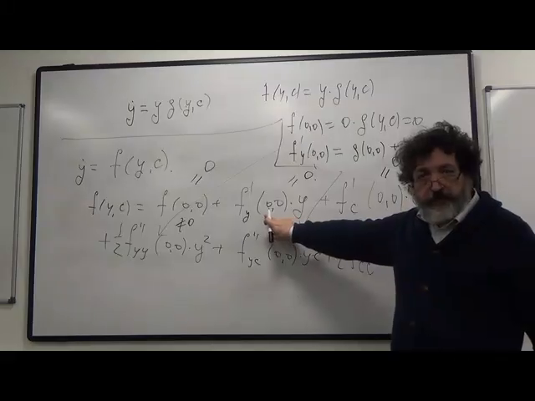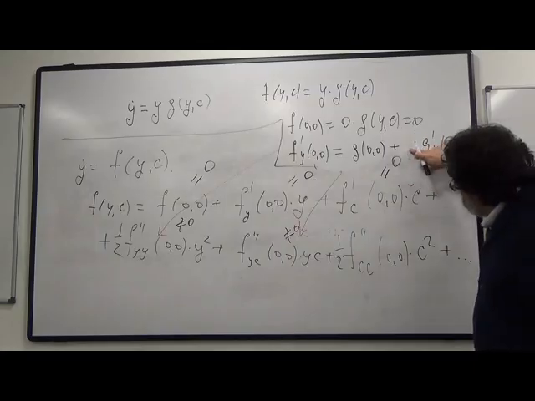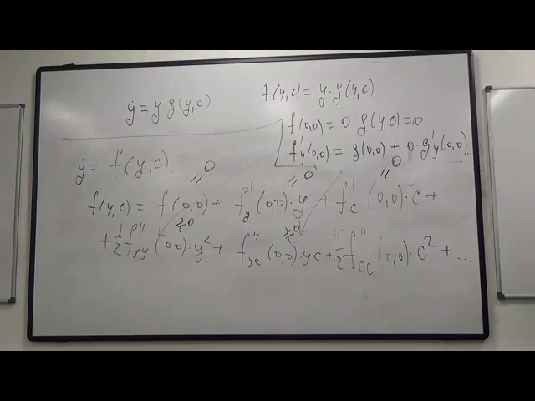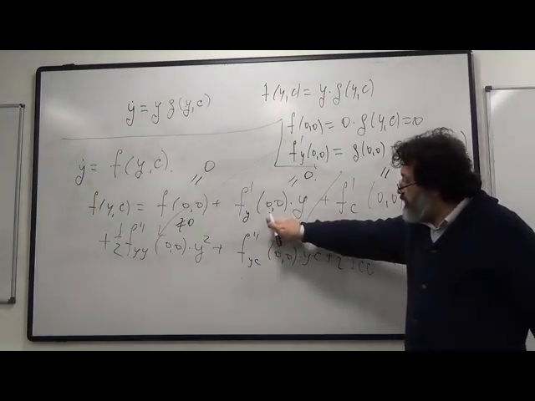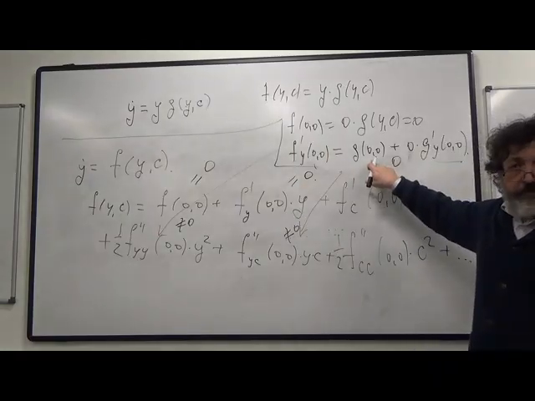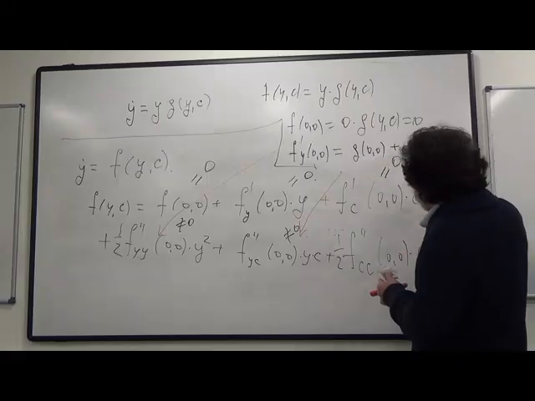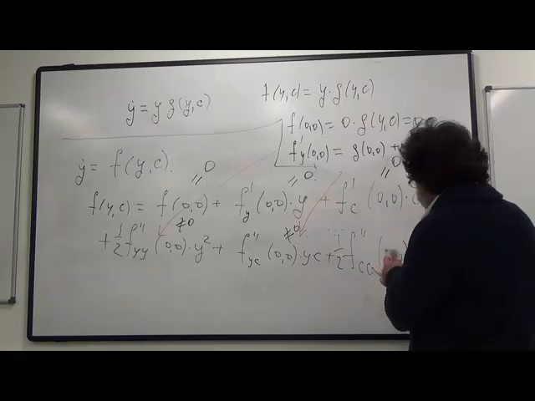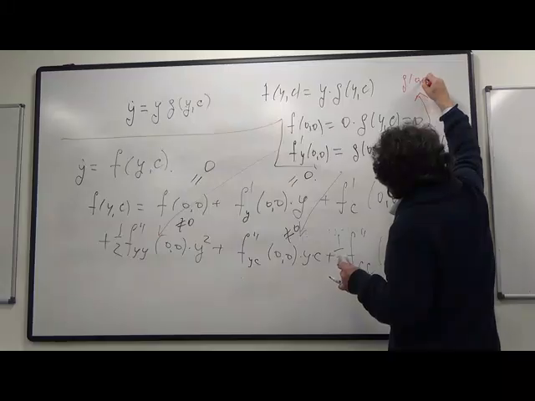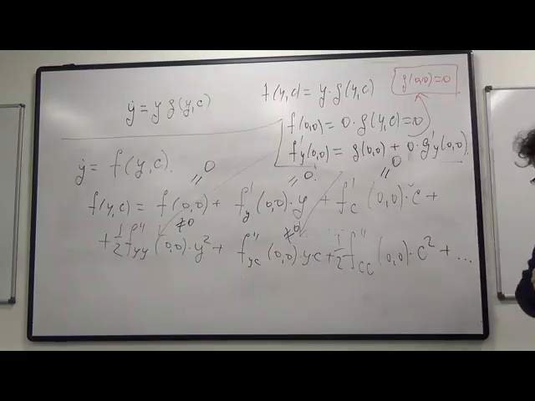Since y at 0 is 0, that second term is 0 times this. And from here we conclude that in order for the derivative of f over y to be 0, g at 0, 0 should be 0. This is our first conclusion.